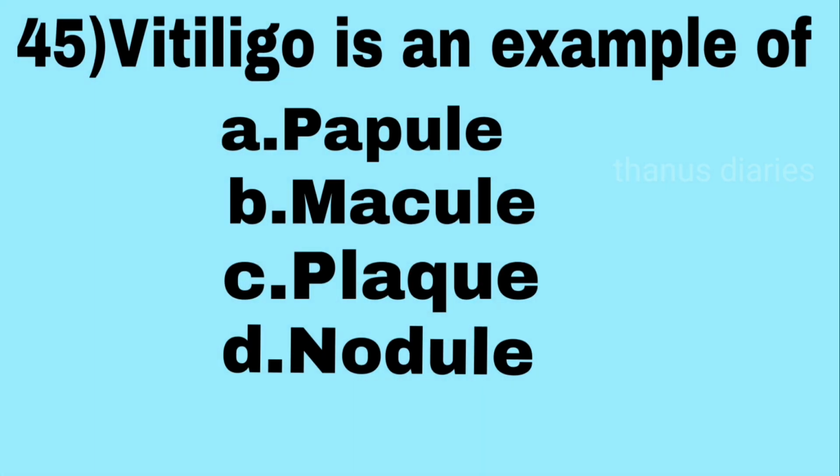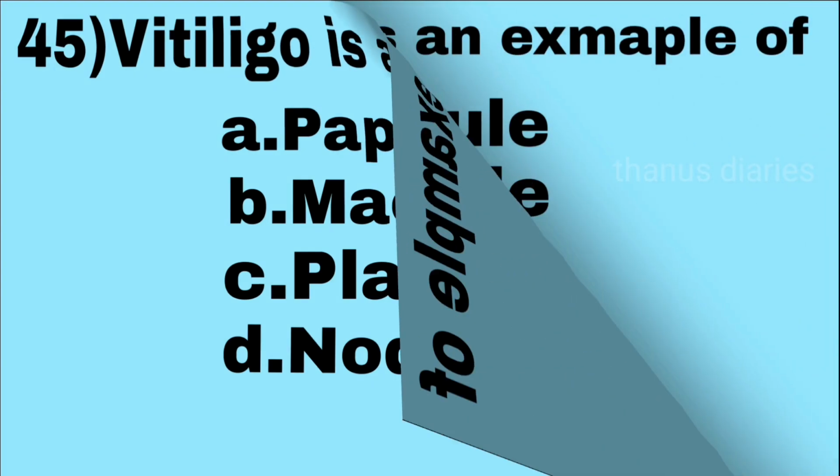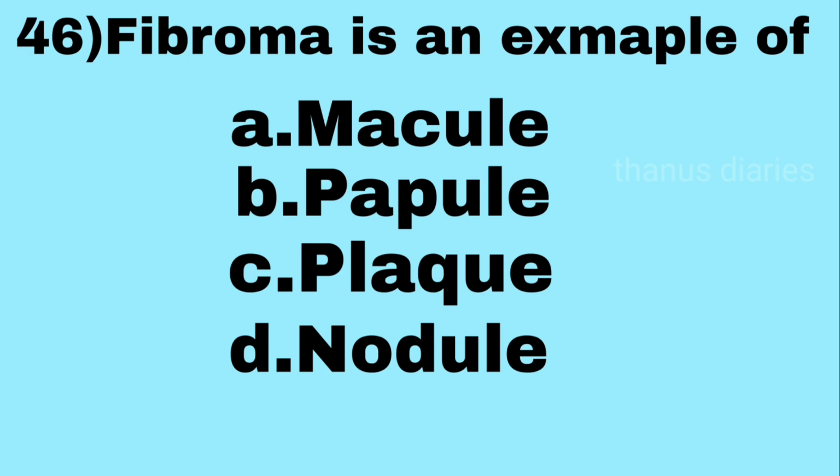Vitiligo is an example of: papule, macule, plaque, and nodule. The answer is macule. Next question. Fibroma is an example of: macule, papule, plaque, nodule.